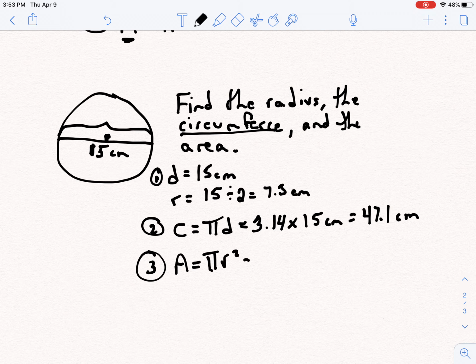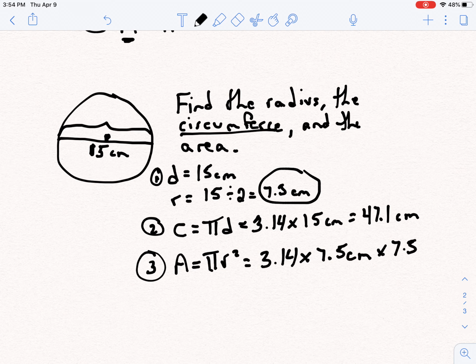So it's just a matter of practicing. Well, pi, 3.14. Radius squared means radius times radius. So in this case, I have to look for my radius, which we solved up here to be 7.5 centimeters. And I have to times it by 7.5 centimeters again, because radius was squared. It's really important to know what that squared symbol means. Okay.